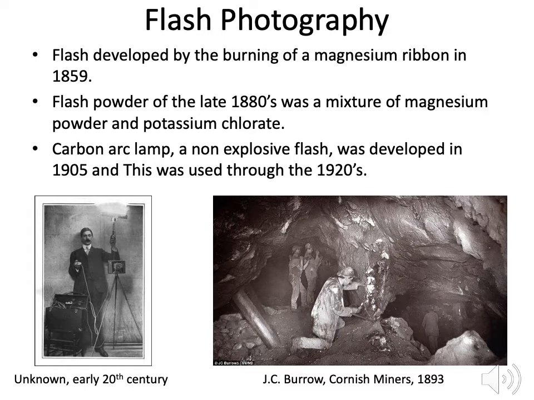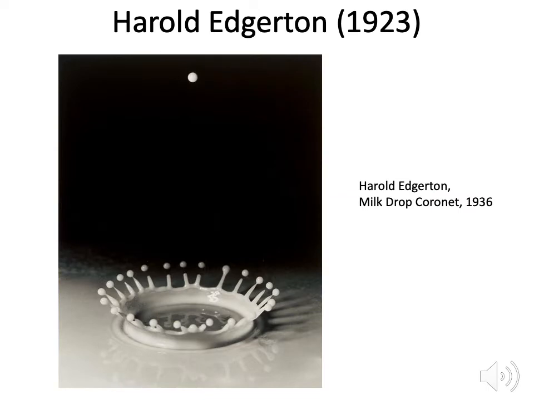So it wasn't as smoky and scary as that original chemical flash powder, kind of like a gunshot of a light that people were producing. So now we're getting into the early 1920s. We have Harold Egerton. He invents a xenon flash lamp, which can be used multiple times.